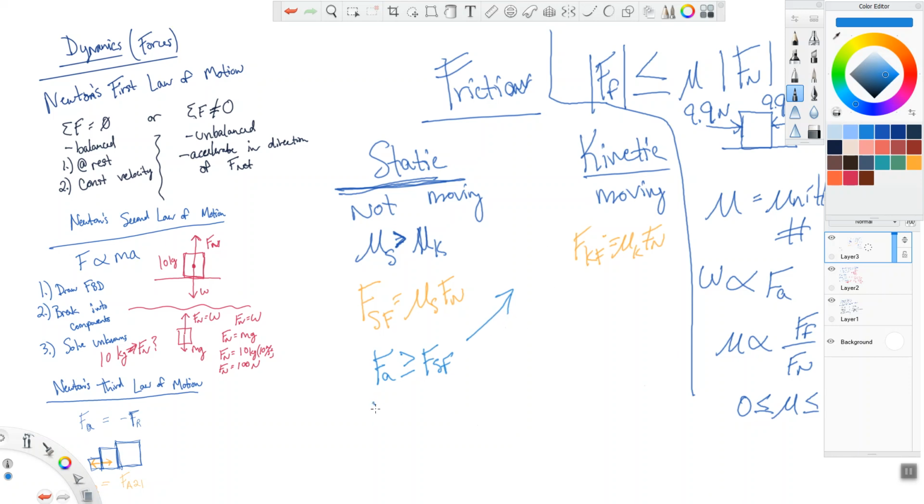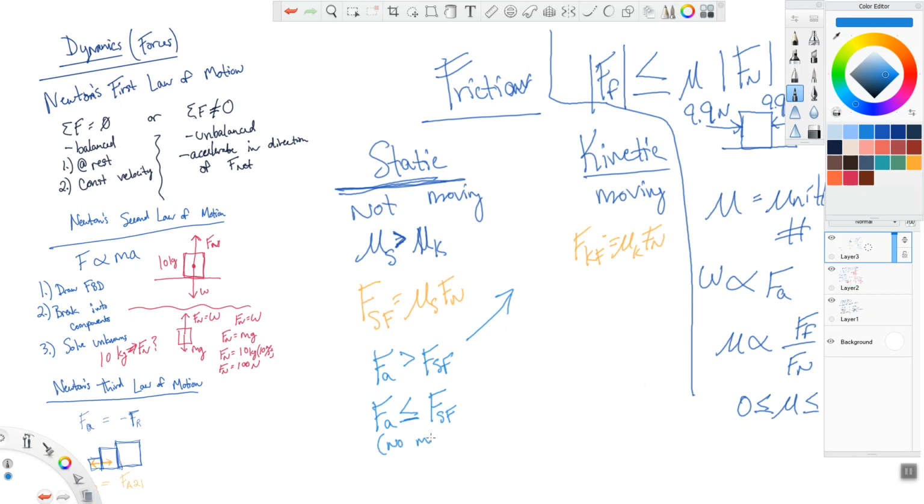What happens if force applied is less than or equal to the force of static friction? And actually that was written a little bit wrong. Let me erase that real quick. There we go. So if the force applied is less than or equal to static friction, then you're still going to have no motion.